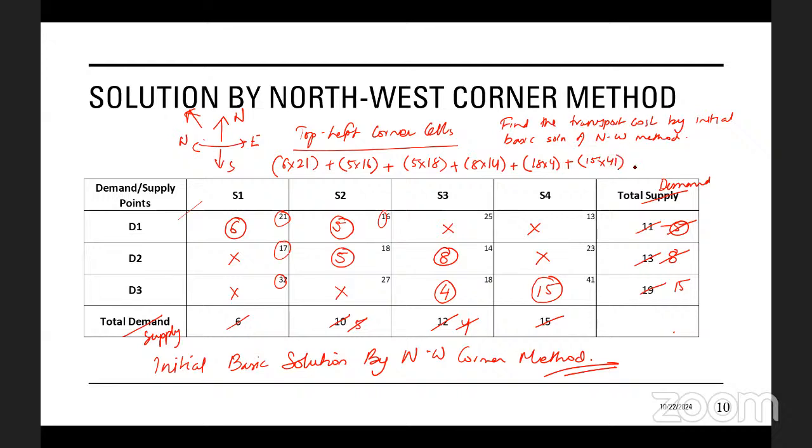So this comes out to be 126 plus 80 plus 90 plus 112 plus 72 plus 615. This adds up to around 1095. So this is your initial transportation cost.